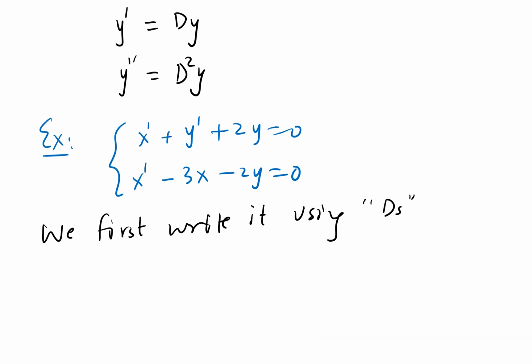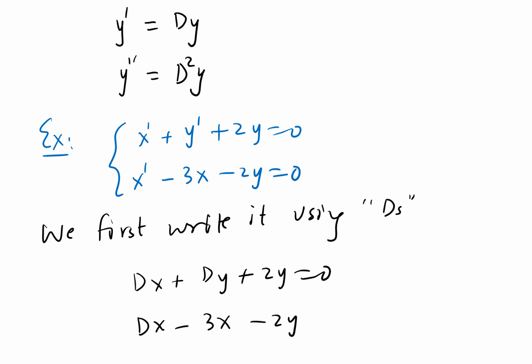For x prime it's Dx, for y prime it's Dy plus 2y equals 0. For x prime it's Dx, and 3x and 2y stay the same. So that's the system in terms of operators.